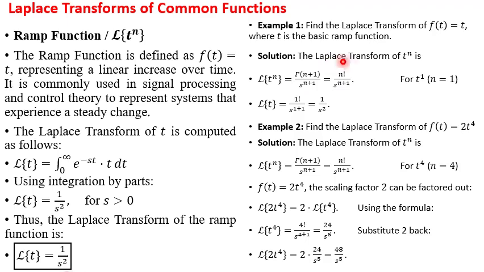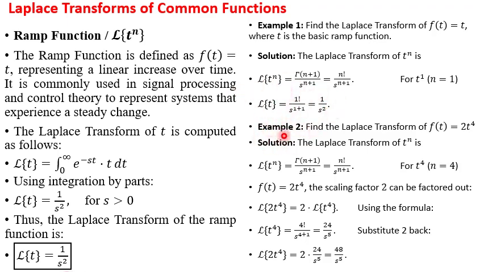So basically noting down the general form of the Laplace transform of the power of t, which is this, and substituting 1 for n will result in the Laplace transform of t being equal to 1 all over s raised to power 2. This is practically true.